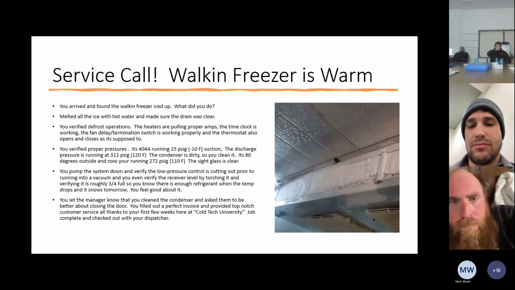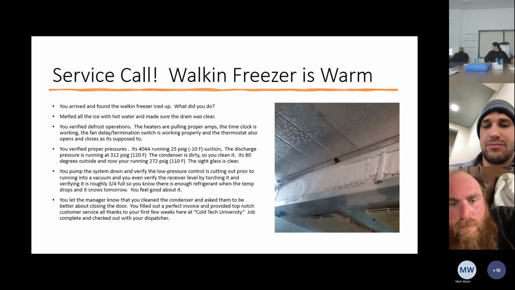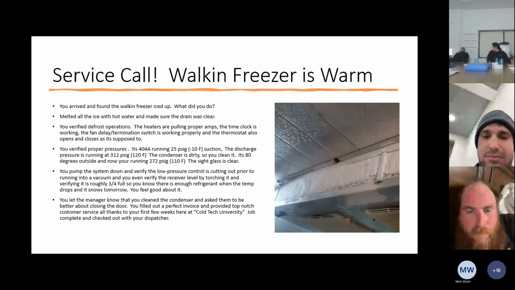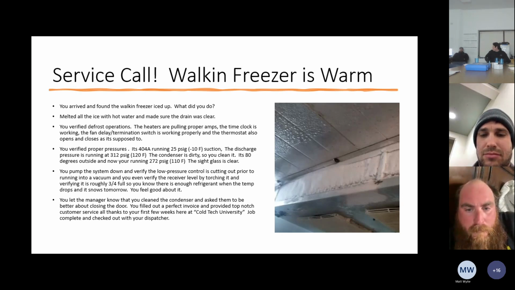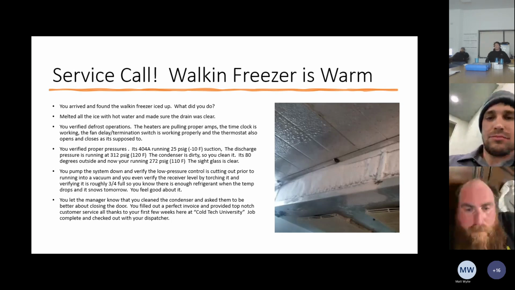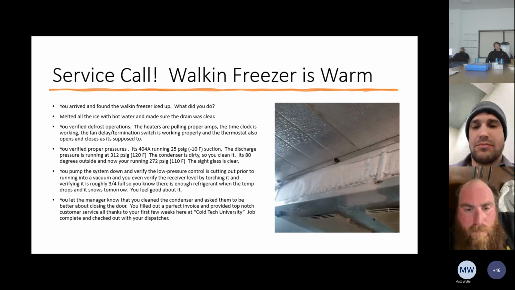Right. But same thing, if you're doing a PM, honestly, how many of our guys are going around checking contactors, making sure the coils are clean, making sure the time clocks are at the right time of the day and working properly? How many of our guys, in all honesty, are throwing a temp clamp on the filter dryer? Just something to think about, because we all have different experience levels, right? And I can guarantee there are people on this call that it has probably not even crossed their mind to do on a PM.